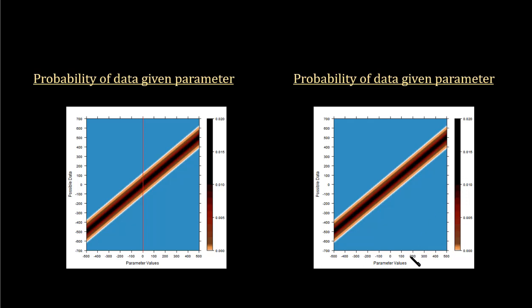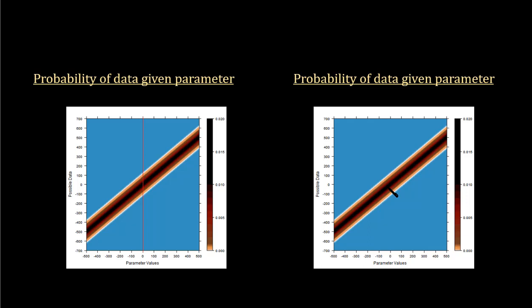As I mentioned before, for each possible parameter value of beta 1, and here I'm being very generous and including values from -500 to 500, we have a normal distribution. So for 0, we've got a normal distribution which tells us the probability of obtaining different B1s in the sample.